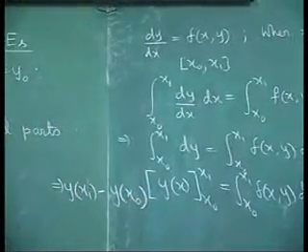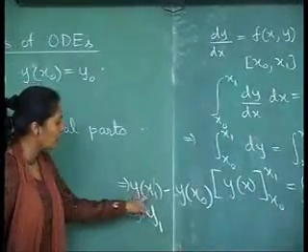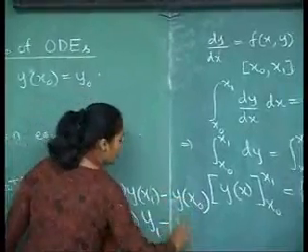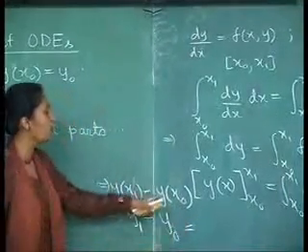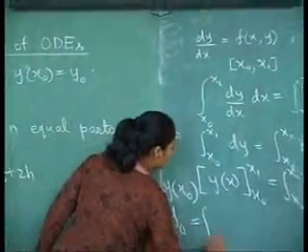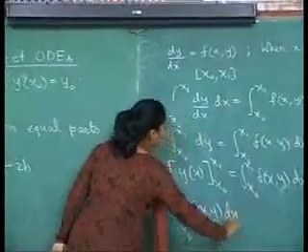We use the notation y1 for the value of y at x1, and similarly y0 for the value of y at x0. So this works out to be the integral from x0 to x1 of f of x, y dx.